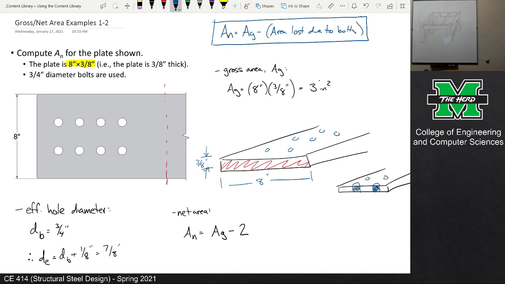When you go through that section, you're seeing the diameter of the hole times the thickness. That's what you're seeing, okay? So it is 3 square inches minus 2 times 7/8 times 3/8. So what is the net area of this plate? 1.34 square inches. Do I have a second on that?